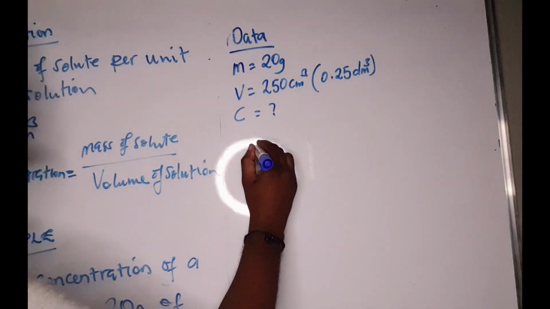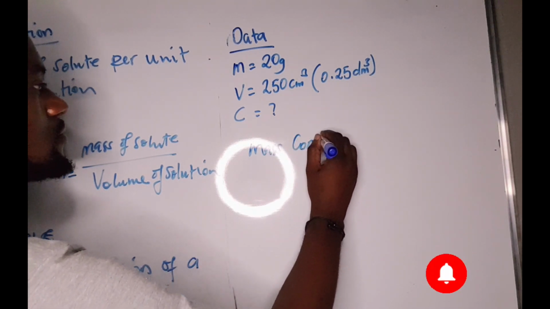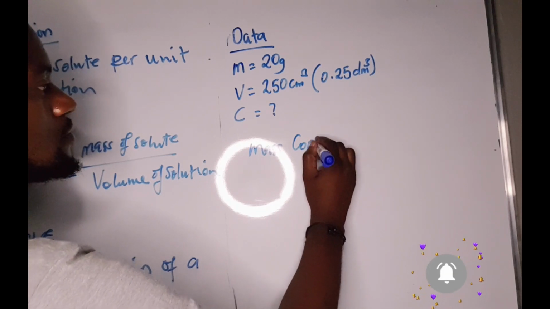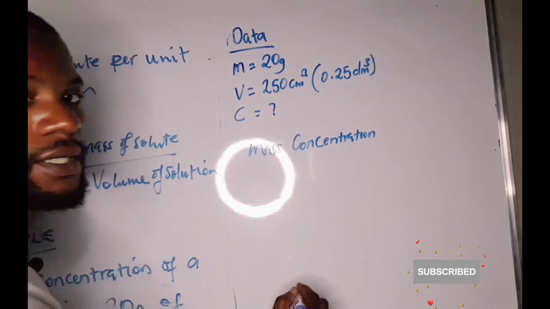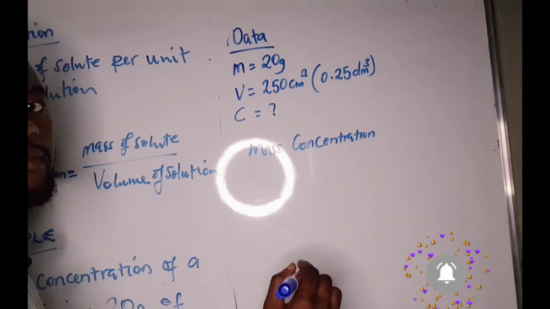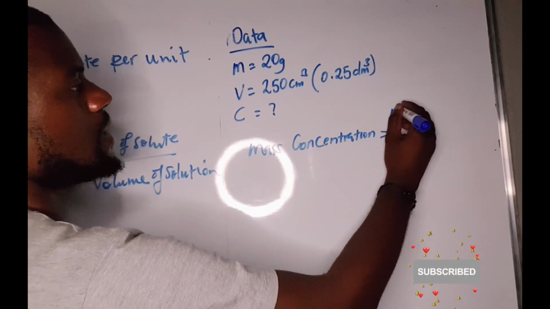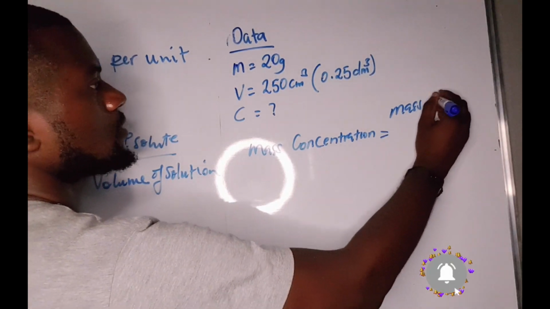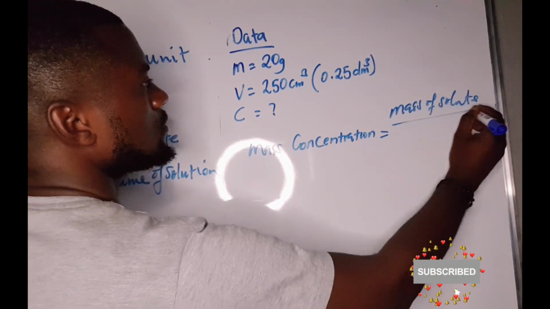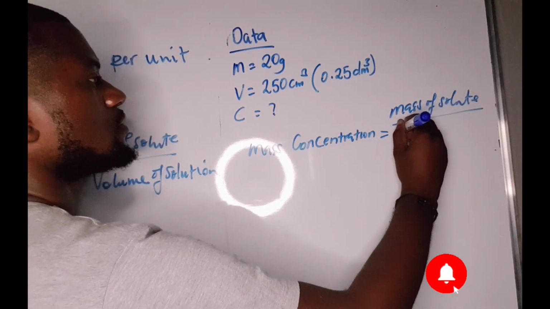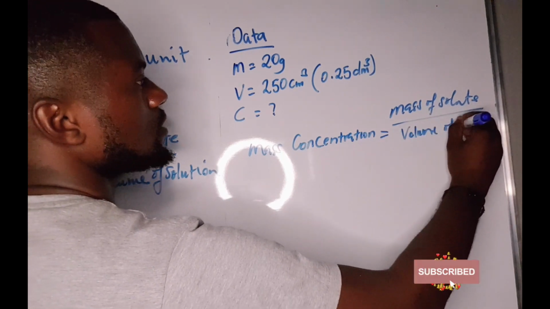Mass concentration is equal to mass of solute divided by volume of solution.